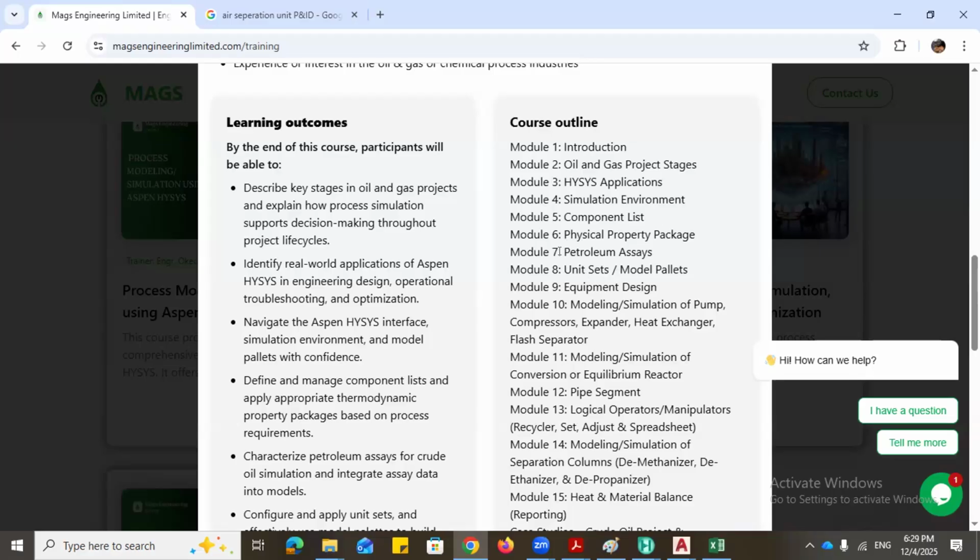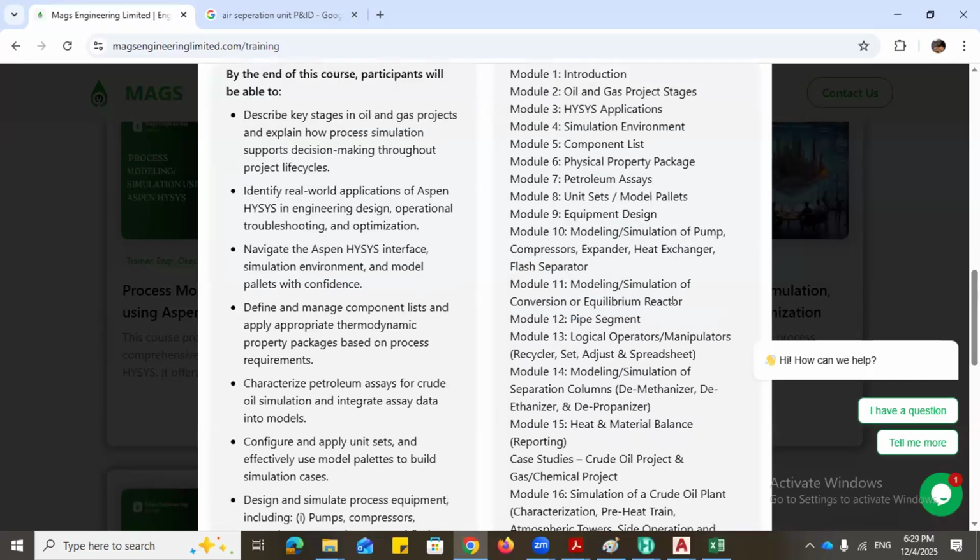So this petroleum assay area is basically talking about all those areas. Look at the unit set, all those necessary components I told you about, equipment design, line design, and so on. Modeling and simulation of pumps, each of those equipment, and modeling equilibrium reactors. For chemical engineers, even gas engineers, you'll be dealing with reactors. When you start any design that involves chemicals, you involve a reactor.